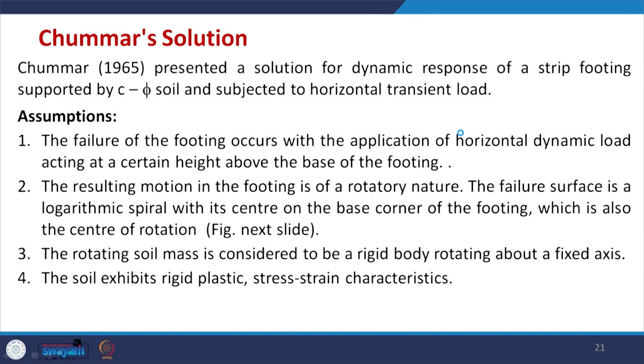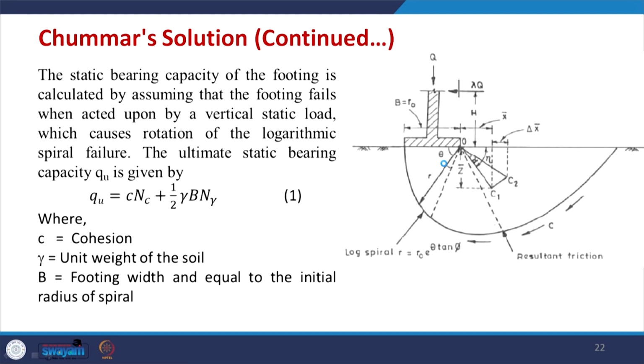And what are the assumptions? The failure of the footing occurs with the application of a horizontal dynamic load acting at a certain height above the base of the footing. This is important and can be easily seen in the figure shown in the next slide.